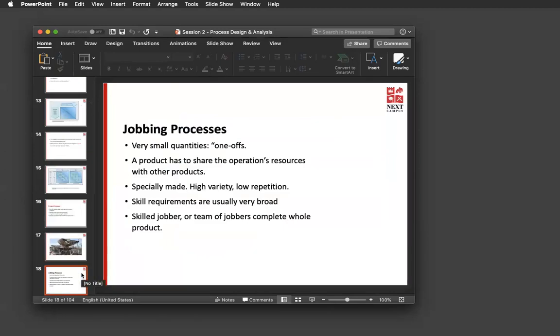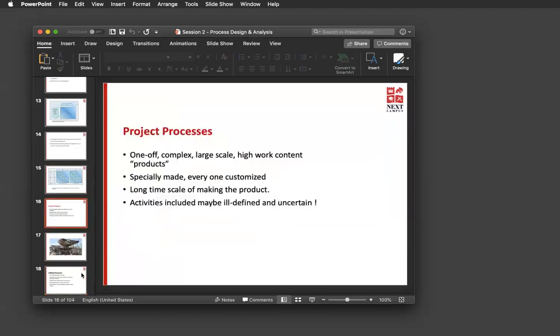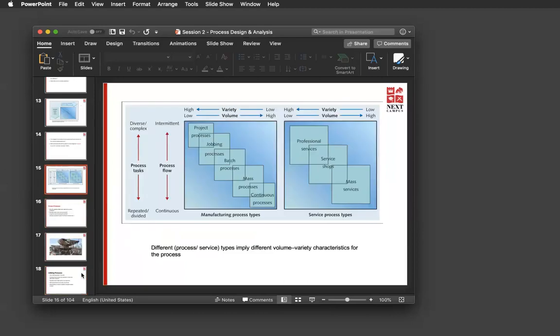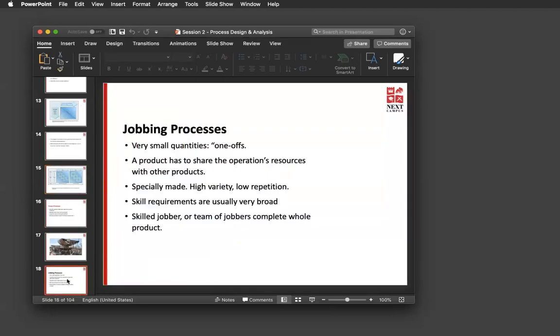Now we go to the next sort of process, an intermediate process, which is called the jobbing process. If you look at the first slide here, the jobbing process sits right beneath the project process. In the jobbing process, the volume probably is slightly higher than the project process. There are certain commonalities that can be used, and the variety is also high, but not as high as the project process, right?